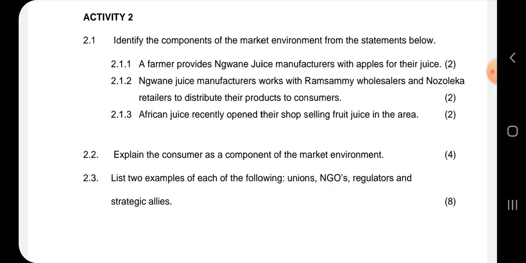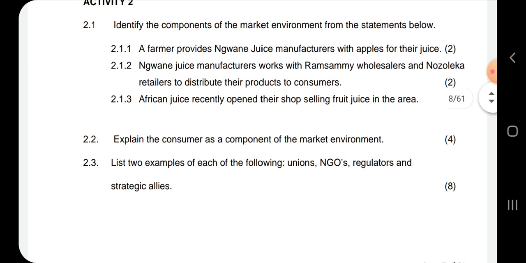It's very important, guys, unless you are told list 3, list 2, list 4, list 5. But if you are given 6 marks, try to give 6 answers, or 3 answers if you know there are only 3 answers. Okay, list 2 examples of each of the following. Unions, you have to give an example of a union.